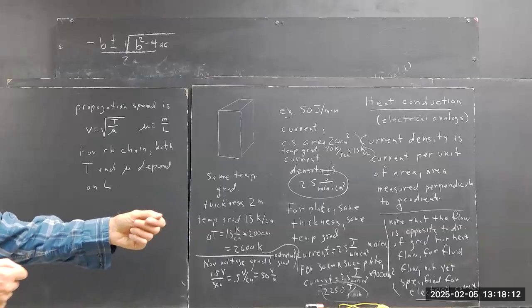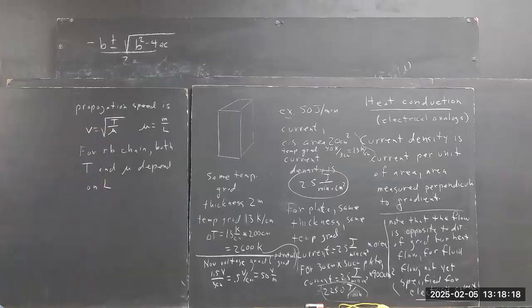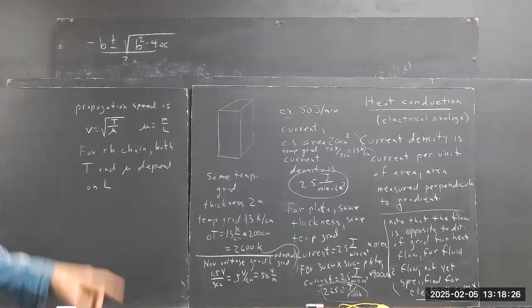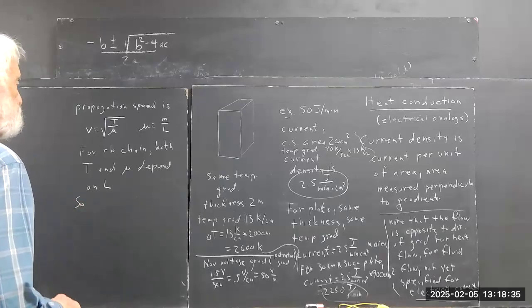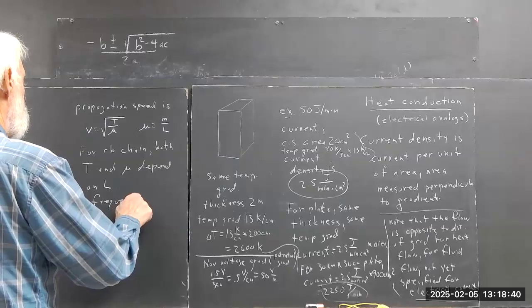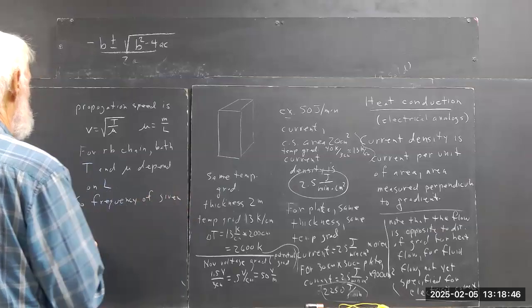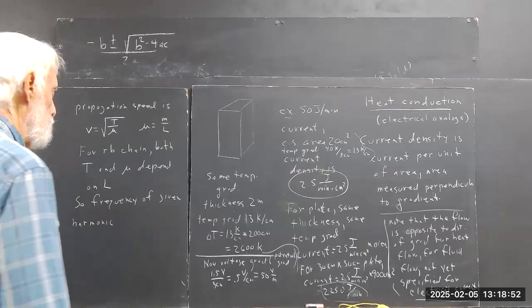For a string that doesn't stretch a whole lot, or for a wire, the mass per unit length is pretty much assumed to be constant. Not the case here. So, the frequency of a given harmonic.